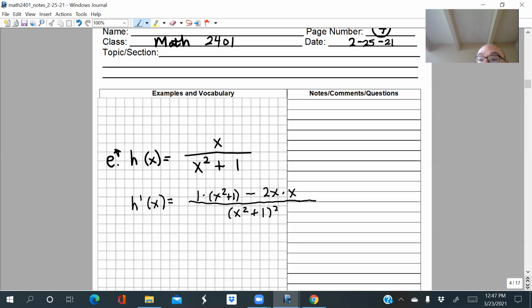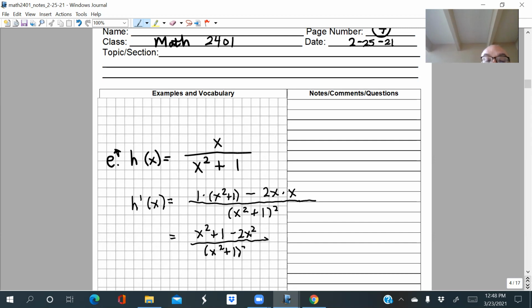You have written down the formula for the derivative. Now we can simplify this a little bit, not a lot. 1 times x squared plus 1 is x squared plus 1, so you can just drop these parentheses. And then minus 2x squared. Then you can add these two x squared terms together.